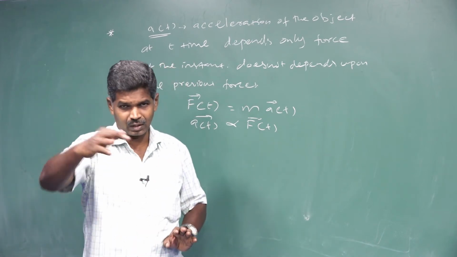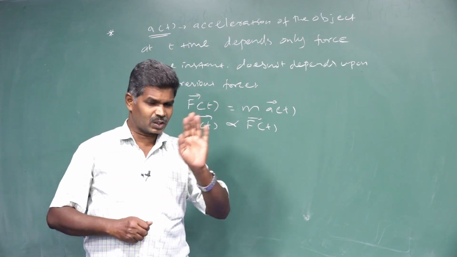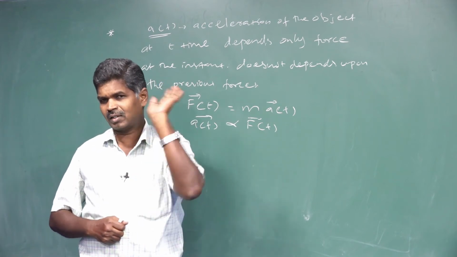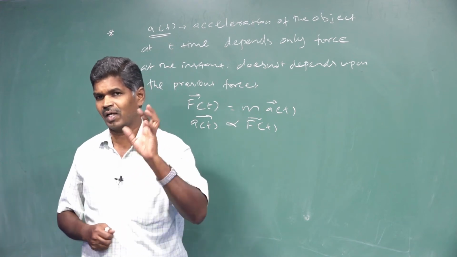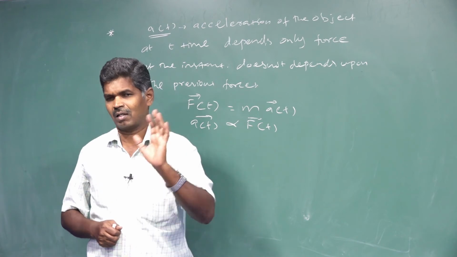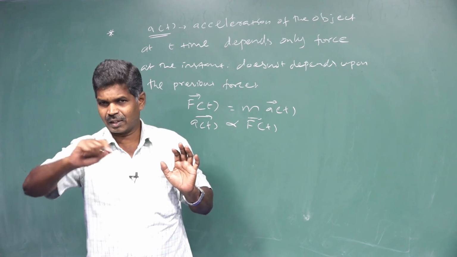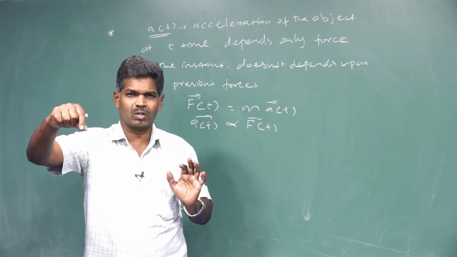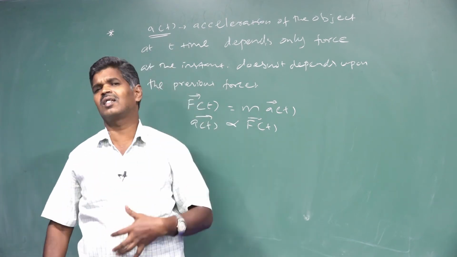After that, when the ball is in motion, the previous force will not give the acceleration of the ball at that instant. At that time, during the movement in air, we have the gravitational force as well as the air resistance force, or air drag force. So at any instant, the acceleration we have depends on what amount of gravitational force and air resistance force is acting.